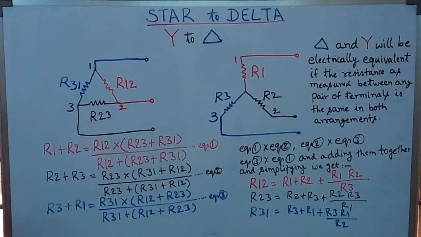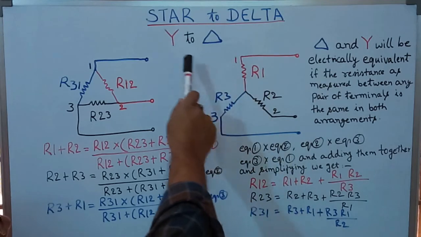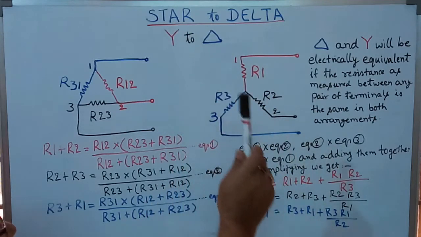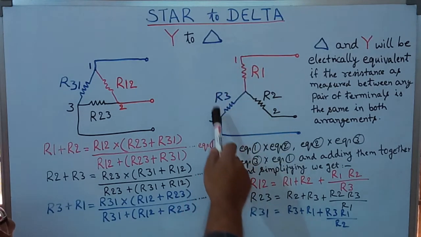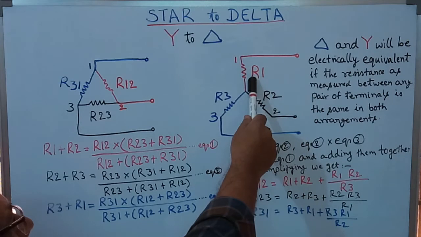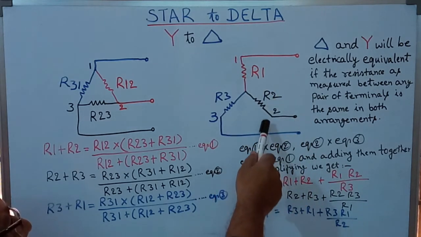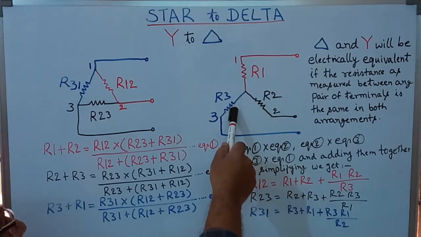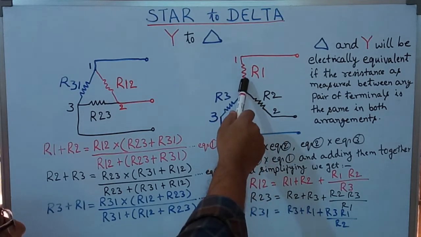Now in this video we will look at star to delta transformation, that is Y to delta. In the Y connection, between terminal 1 and 2 there are two resistances R1 and R2, between terminal 2 and 3 there are R2 and R3, and between terminal 3 and 1 it is R3 and R1.